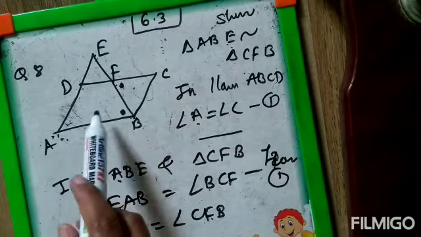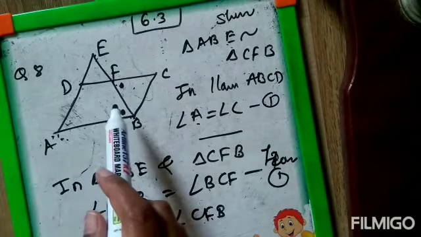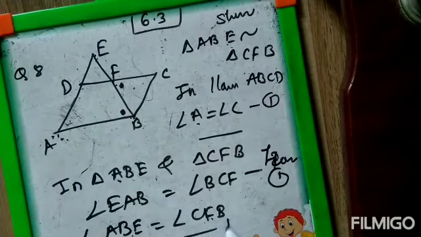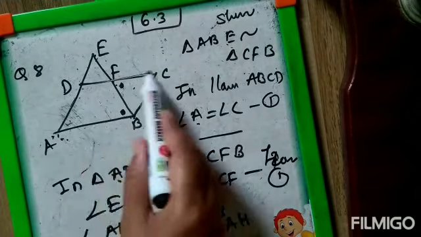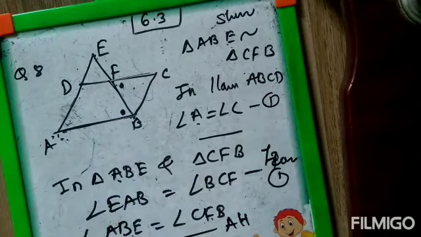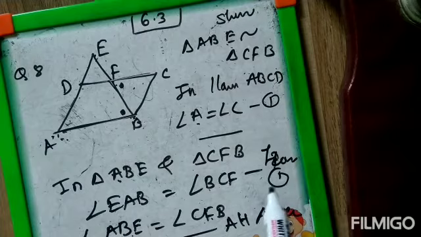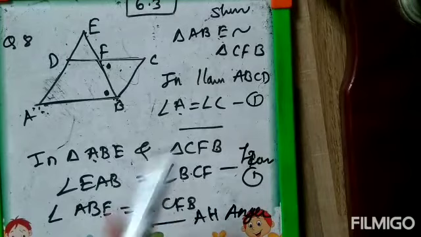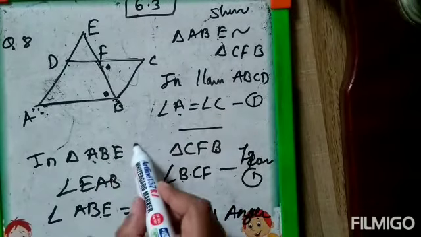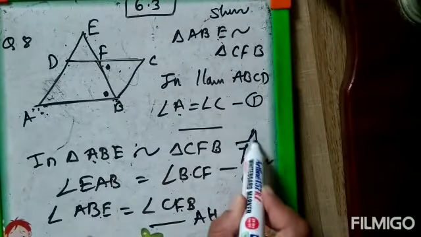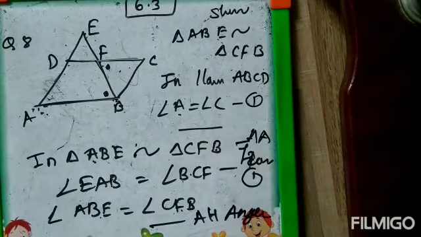AB and FC are parallel and BF is the transversal. So alternate interior angles are equal. So we got two angles, this one and this one. So by AA similarity we can say these two triangles are similar.